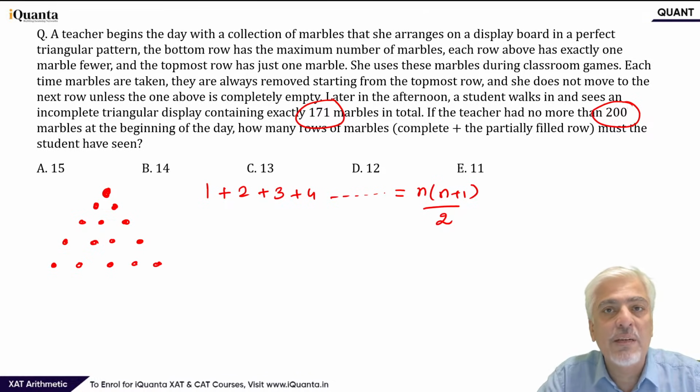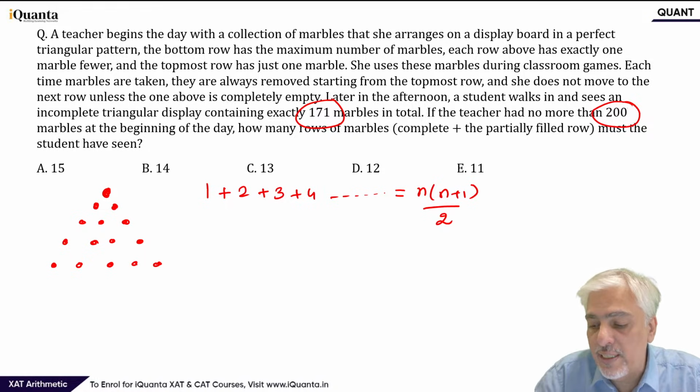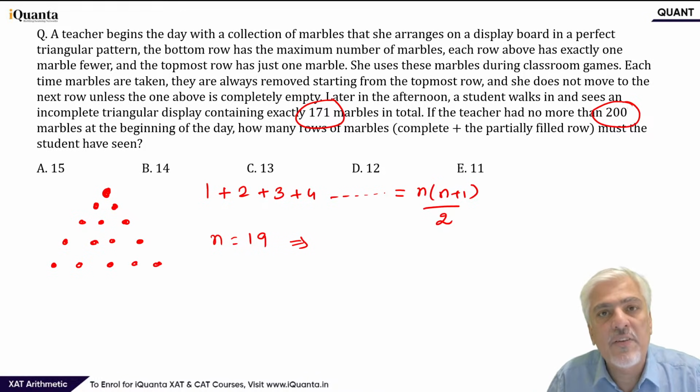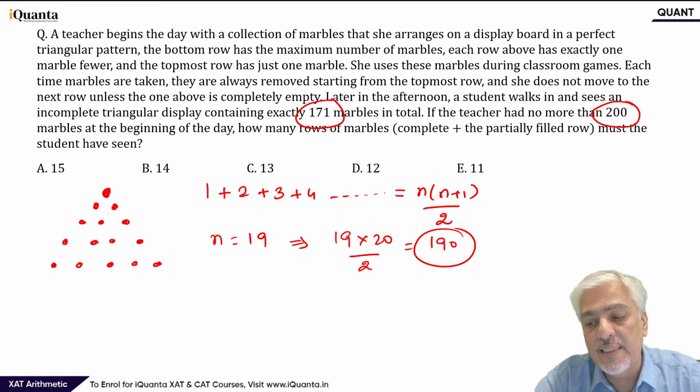So you can try random numbers now because I know this calculation, so I'm doing it directly for that. So if I start with n as 19, initially 19 into 20 upon 2, 190 marbles were there. We can say there were 190 marbles, right?